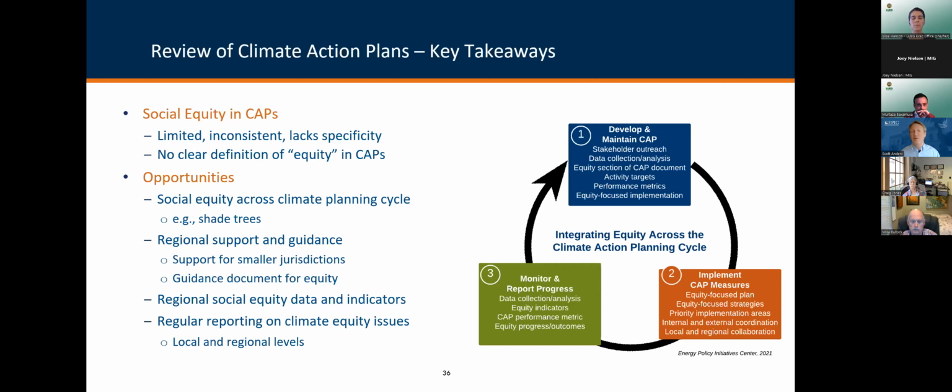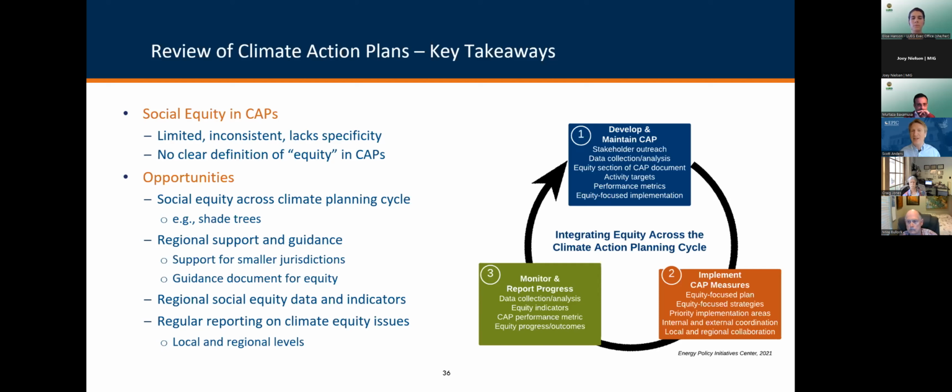So an example we give is shade trees. On the right-hand side of your slide, you see a generic climate action planning cycle. The first step is to develop and maintain a climate action plan. At that phase, for shade trees, for example, an analysis could be done to understand where trees are and where trees aren't in a given jurisdiction, and where there are opportunities to plant trees in communities of concern.